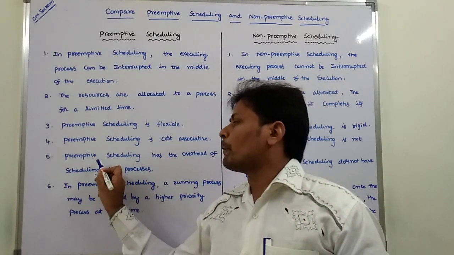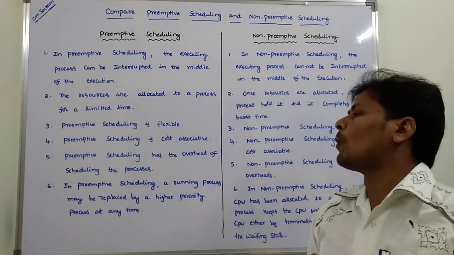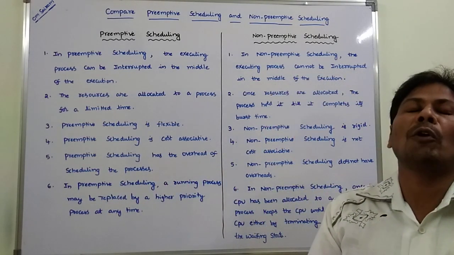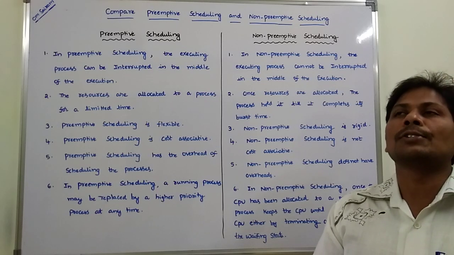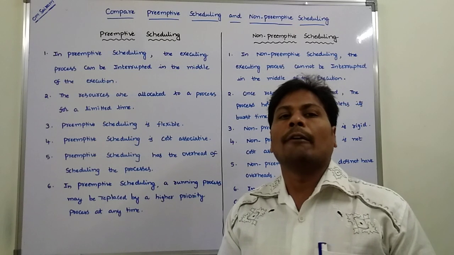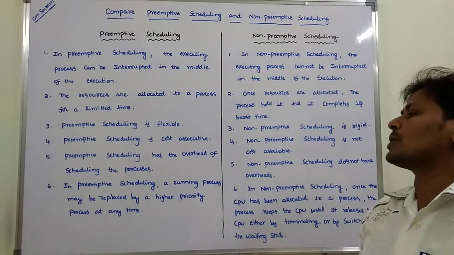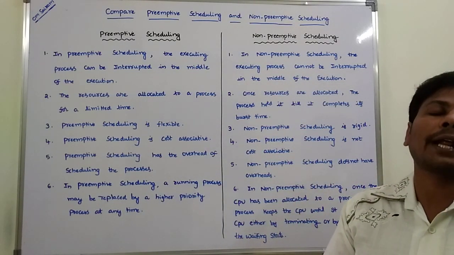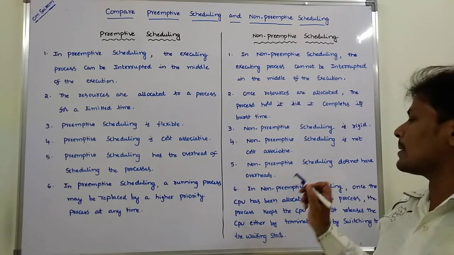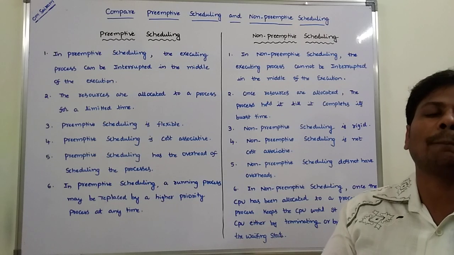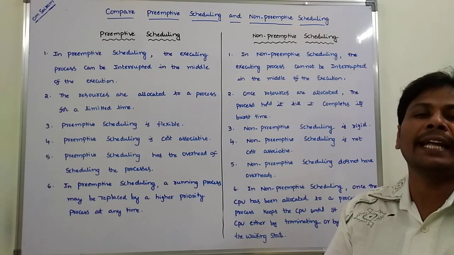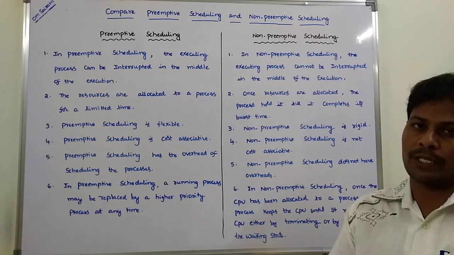Next, preemptive scheduling has the overhead of scheduling the processes. Some overhead is there in scheduling the processes in preemptive scheduling, whereas in non-preemptive scheduling there is no such overhead, because once the CPU is allocated to a particular process, it cannot be interrupted until it completes its execution.